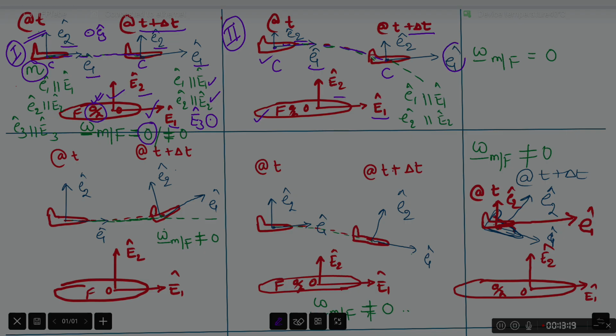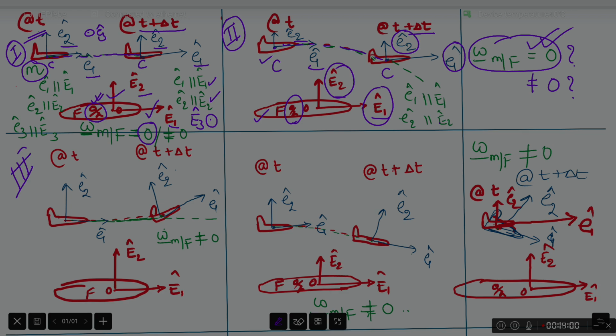Still, the pilot of this aircraft had managed to keep small e1 and small e2 parallel to big E1 and big E2 as observed by the observer fixed to frame F. I pose the same question: omega mf is 0 or not equal to 0. Clearly, small e1, e2 have not changed their orientation relative to big E1 and big E2, and thus omega mf is still 0. This is the correct answer.